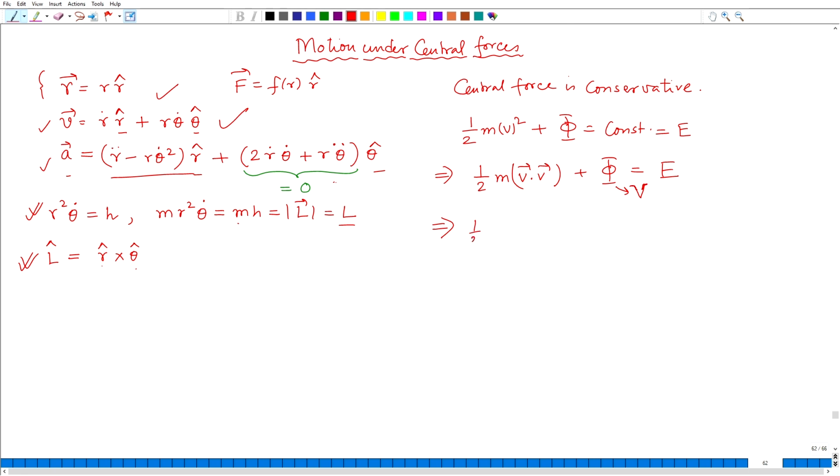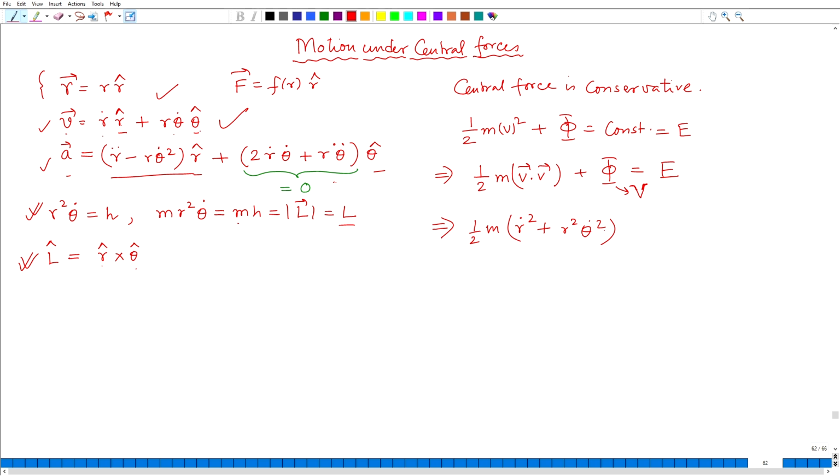Then half m v dot v, and v you know has these two components. So, what will be the v dot v? That will simply be r dot square plus r square theta dot square. Remember here r cap and theta cap, these directions are mutually orthogonal.